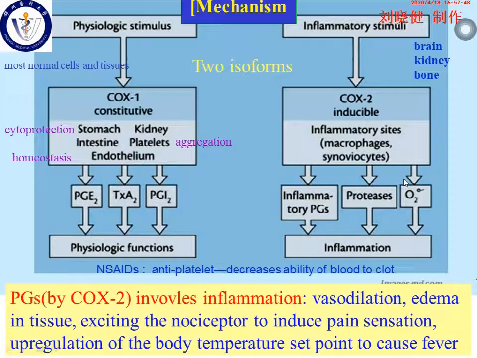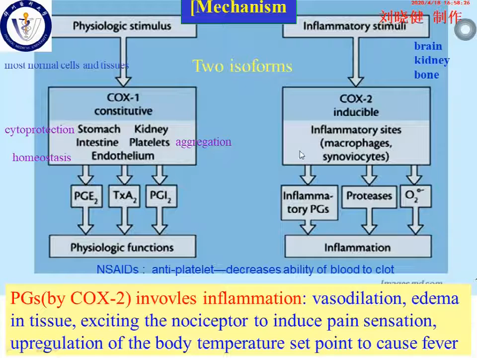Prostaglandins involved in inflammation cause vasodilation, edema in tissue, exciting the nociceptor to induce pain sensation, and upregulation of the body temperature set point to cause fever. So here I think you can understand. Once some drug has no selectivity to these two isoforms of COX, maybe they have more pharmacological effects, even induce more adverse effects.